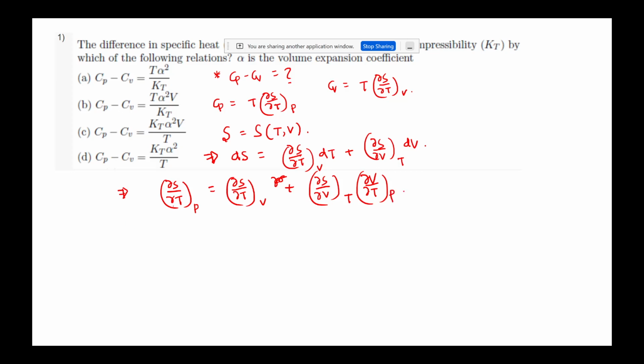Now, since there is only T multiplied, we will first get del S del T keeping P fixed, minus del S del T V. That will be del S del V T del V del T P, right?